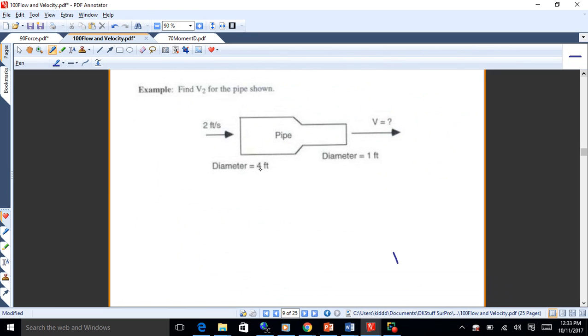Let's say we've got 4 inches here and 1 inch here. And let's say we're going to put in 2 feet per second into the left side of the pipe. Let's figure out the velocity coming out of the pipe.